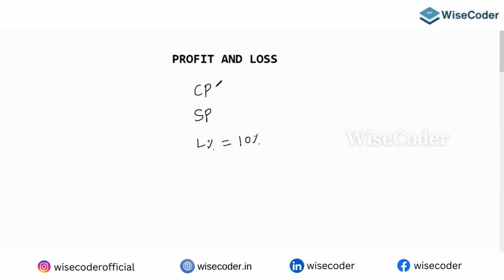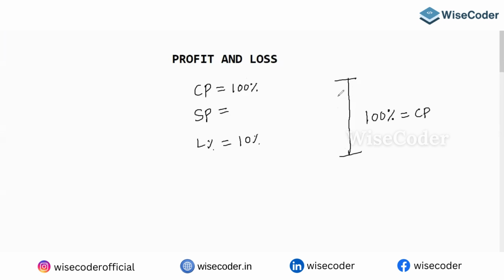So remember always, your cost price is always 100%. This is your article. You bought it for 100%, so this is your CP.